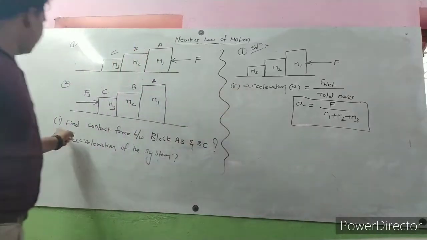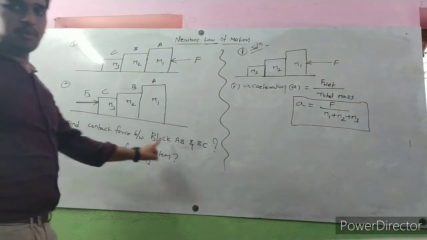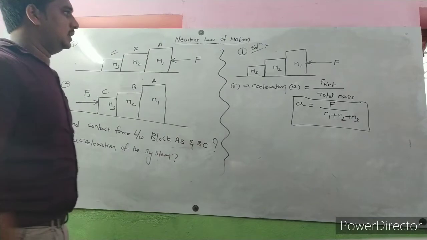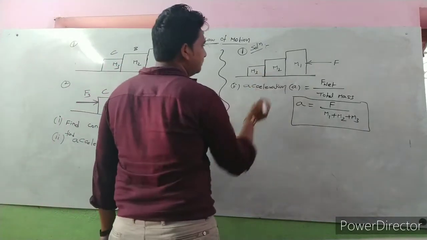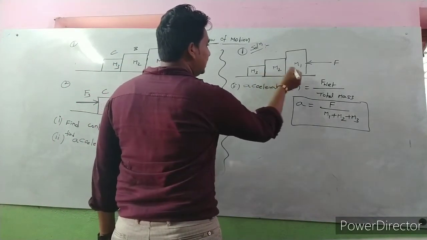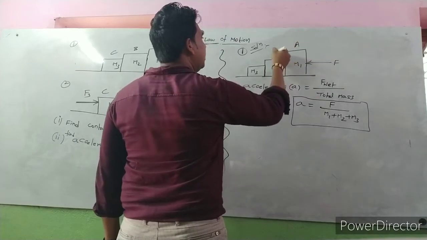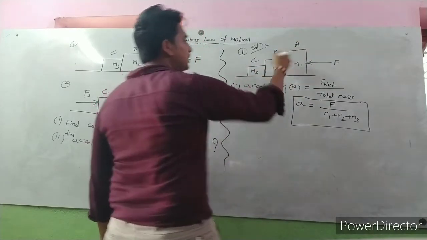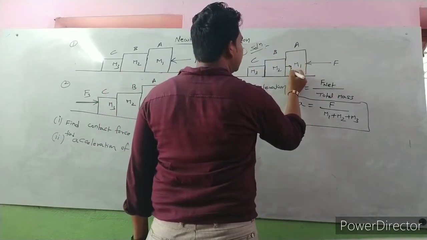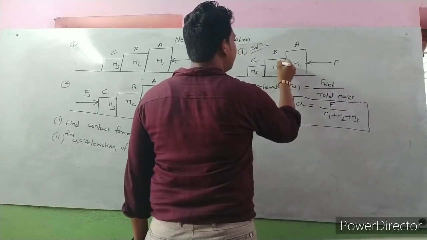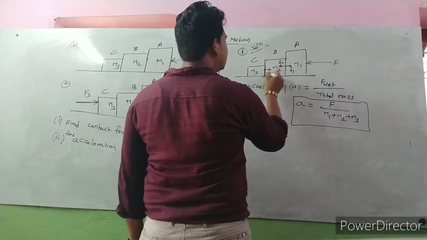Next, what we need to find? Find the contact force between blocks AB and BC. Contact force between A and B is F1, here and here also F1. Here the contact force acting is F2.